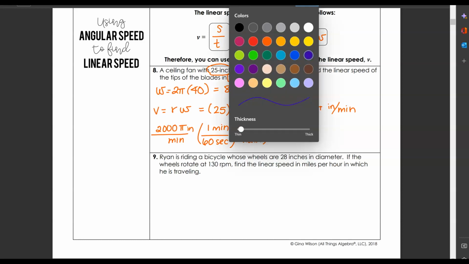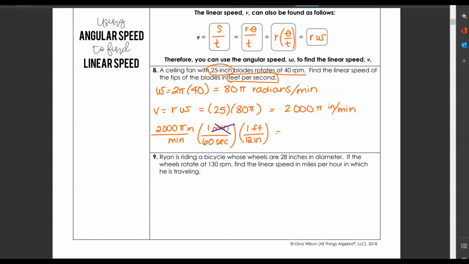Let's go ahead and do these conversions. Make sure all my units cancel out. Oops, I didn't mean to cancel out the wrong one. I got a little cancel happy there. Inches. All right, and so now let's multiply this out. And we should get approximately 8.7 feet per second.